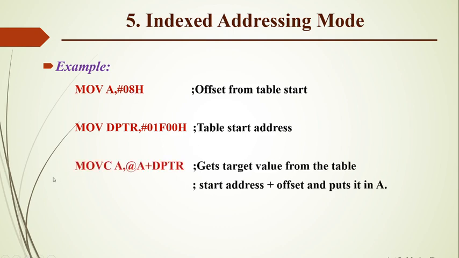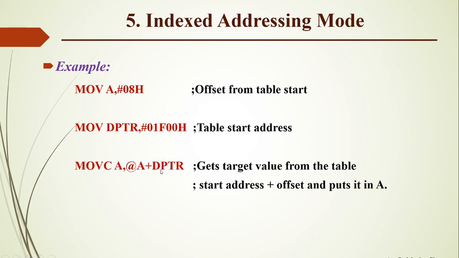Here the instruction MOVC indicates that this instruction accesses data from the code memory or program memory. So C represents code memory. MOVC A, @A+DPTR. Here the content of the accumulator is added with the content of DPTR.